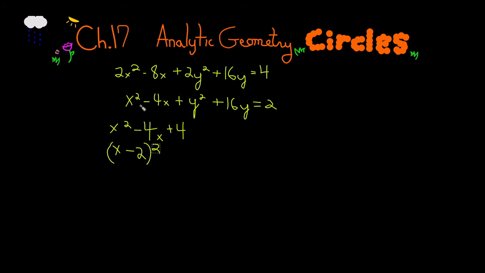This is what completing the square is: going from x squared minus 4x to x squared minus 4x plus 4, and then turning it into its squared form, x minus 2 squared. But notice if I'm adding 4 to this side, I can't just pull a 4 out of anywhere when I'm doing algebraic equations. I have to add 4 to the other side as well. So this other side will be 2 plus 4.